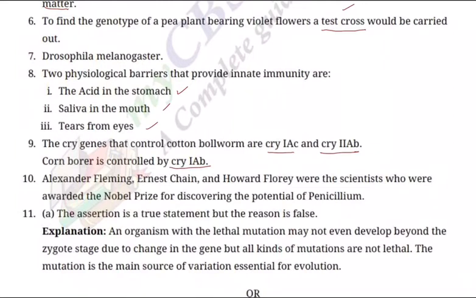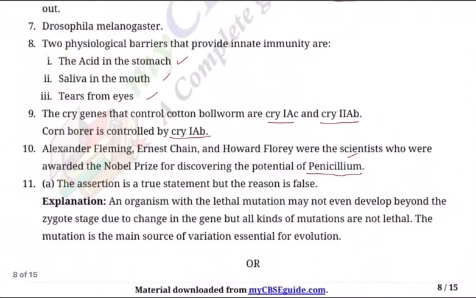Corn borer is controlled by Cry1AB. Question 10. Alexander Fleming, Ernest Chain, and Howard Florey were the 3 scientists who were awarded Nobel Prize for discovering the potentiality of penicillium. From that fungus we are getting penicillin, which is a famous, cheap and best antibiotic.